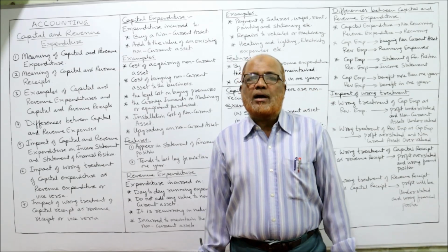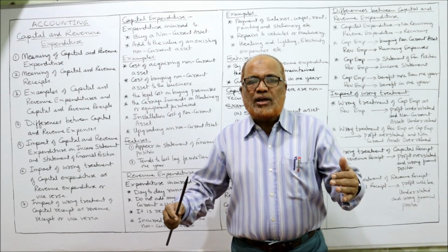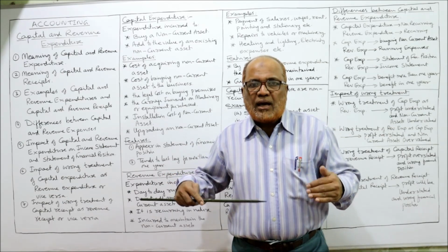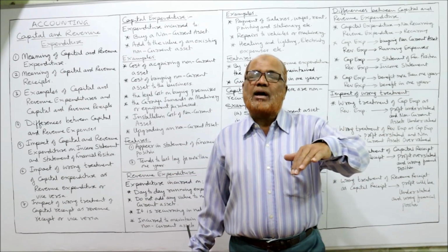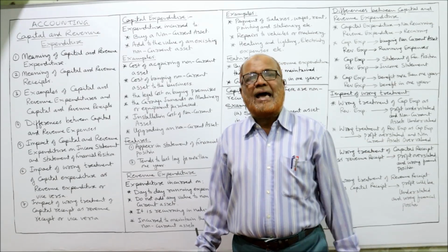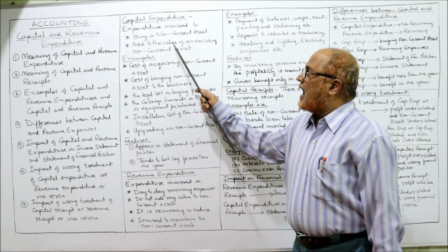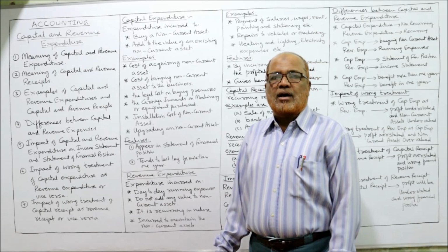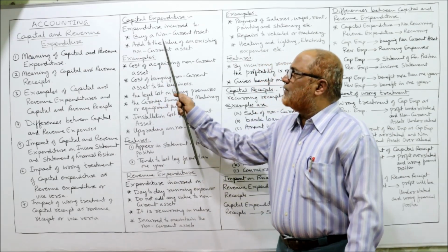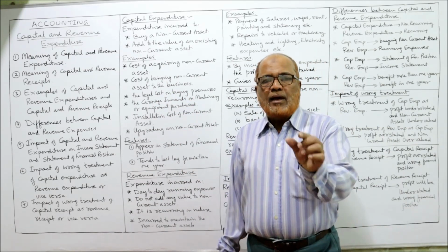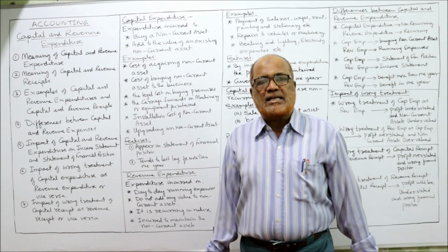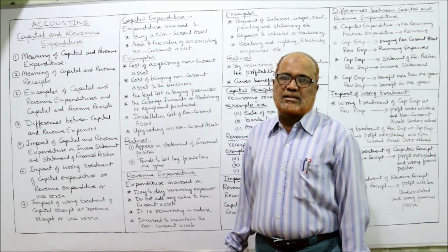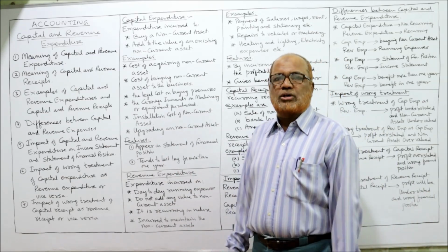So these are called non-current assets. So any expenditure incurred on acquiring a non-current asset, or adding to the value of an existing non-current asset, is the meaning of the term capital expenditure. Simply, expenditure incurred on acquiring a capital asset or non-current asset is called capital expenditure.